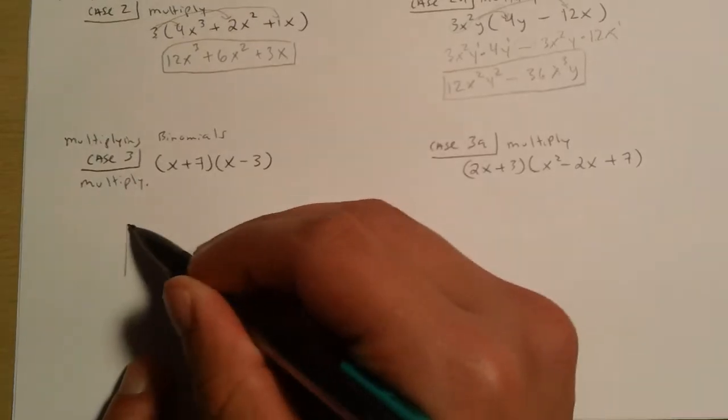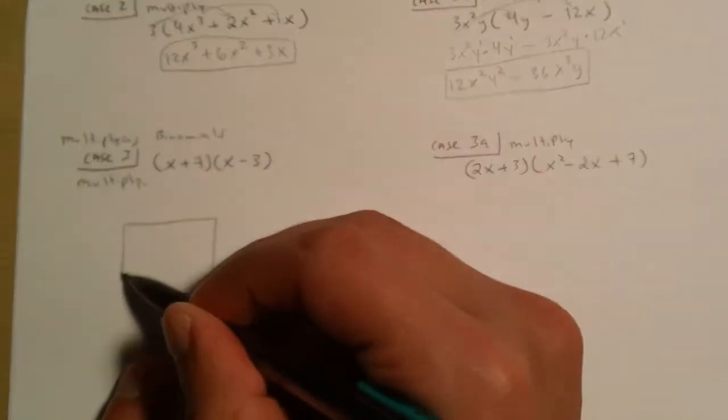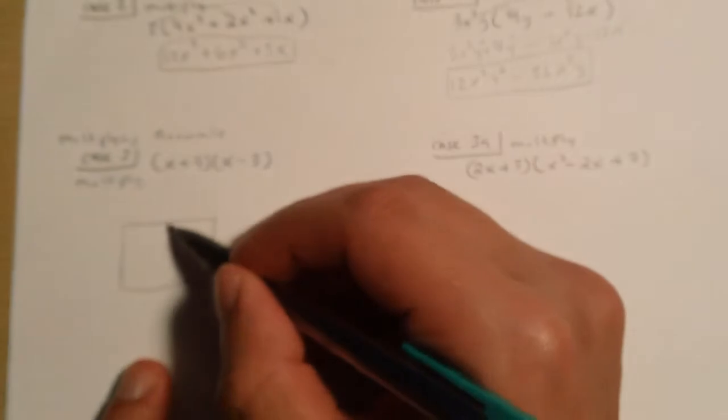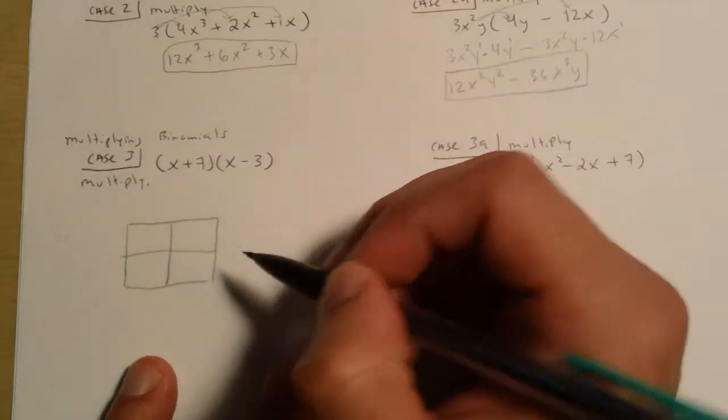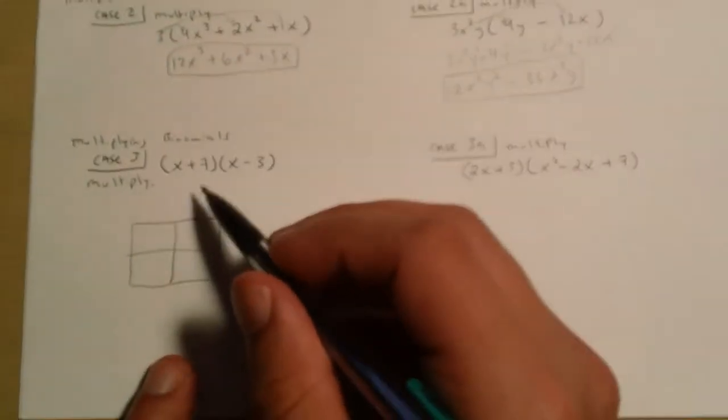The box method is just a different way of multiplying binomials, or you can use it for other examples, which we're going to use over here.